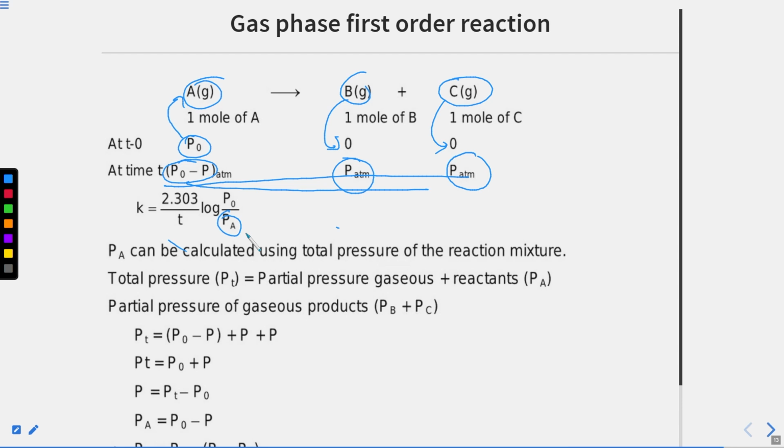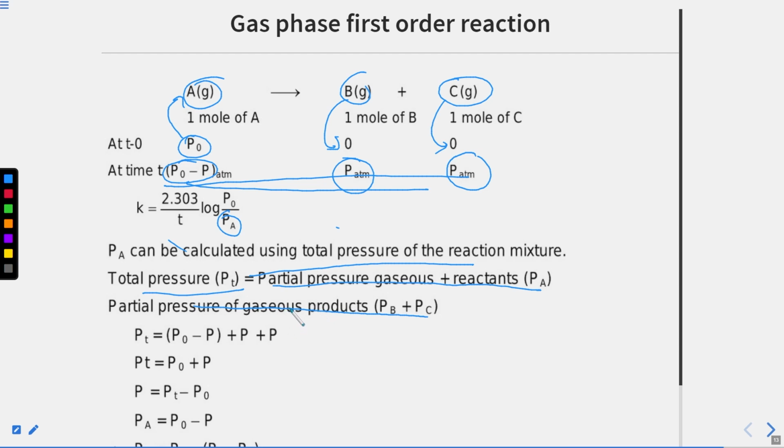Now we can calculate PA using the total reaction mixture, because we know Dalton's law of partial pressures. Therefore total pressure P equals the sum of the partial pressures of the gases: PA plus PB plus PC. Okay, what is the total pressure? It will be PA, then the partial pressures of the gaseous products PB and PC.